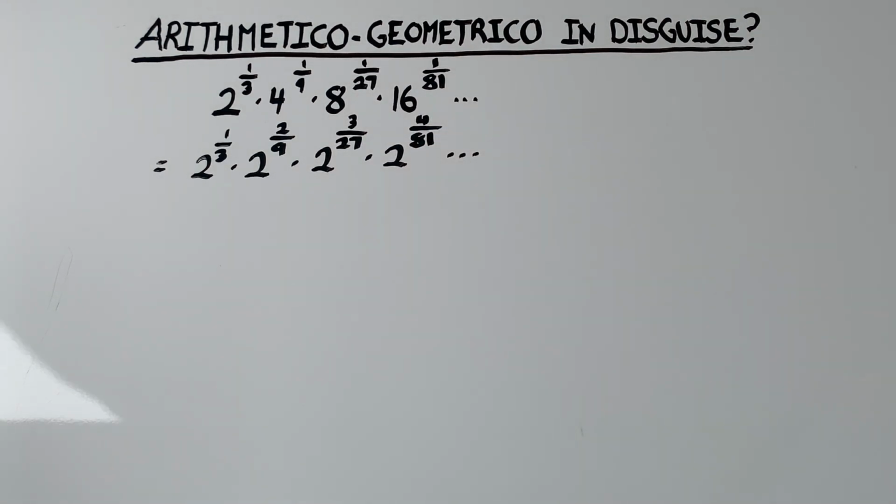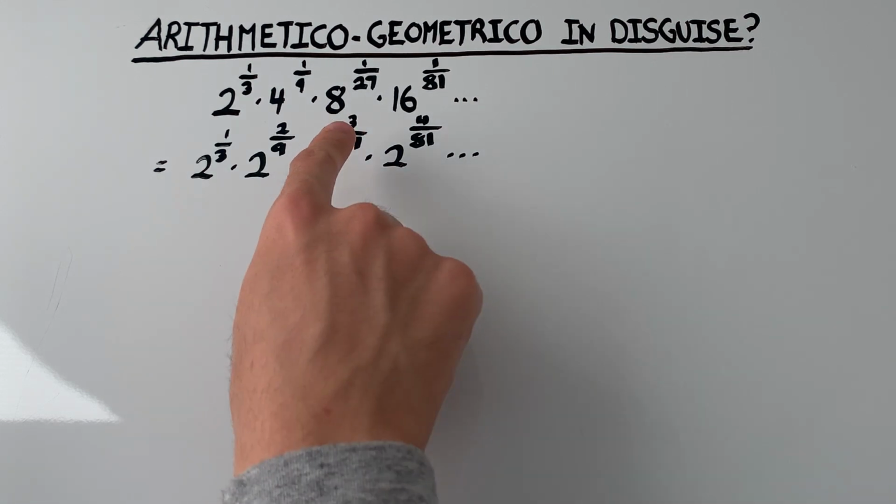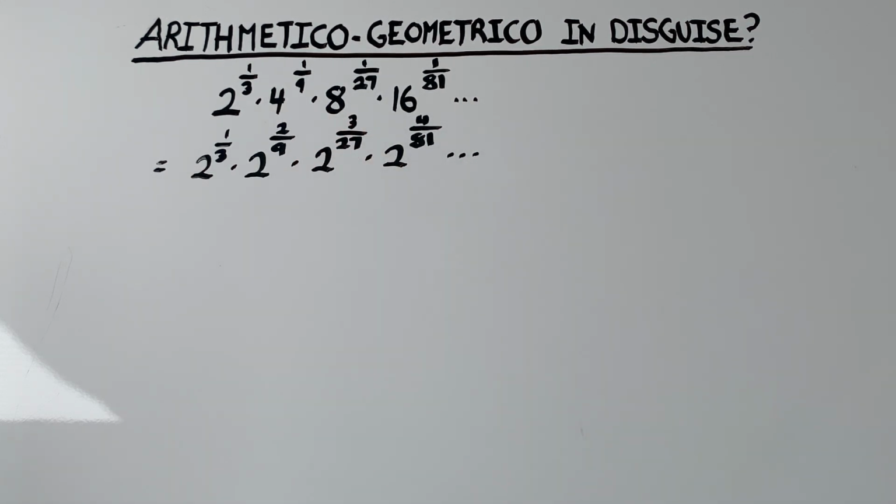Now some of you may be tempted to simplify 3 over 27 into 1 over 9, but I'm not going to do that here because I don't think that's such a good idea, and you'll see why in just a moment.